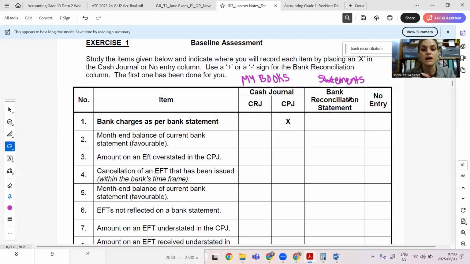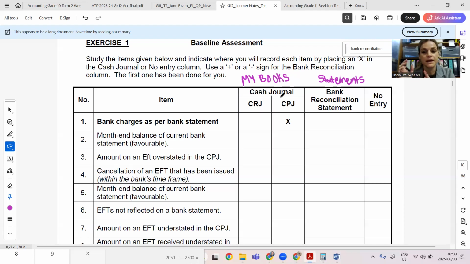Okay, so we always start with the bank statement's month end balance and we just make the adjustments. Whereas with our books, we are going to start with our provisional total. So in other words, what do we currently have in the CRJ and the CPJ? And then we're just going to make adjustments accordingly. Okay, so transaction number 2 says that the month end balance of the current bank statement is favorable.